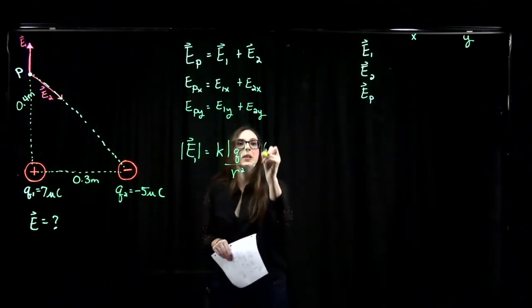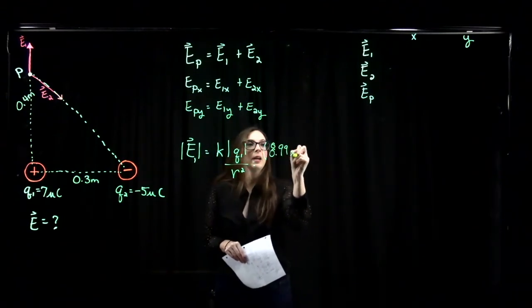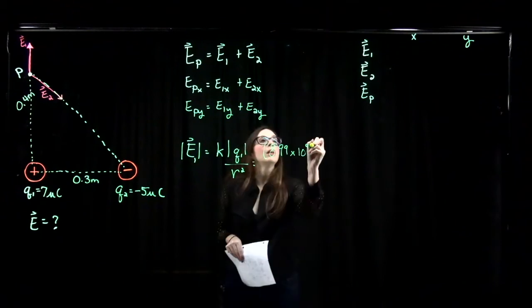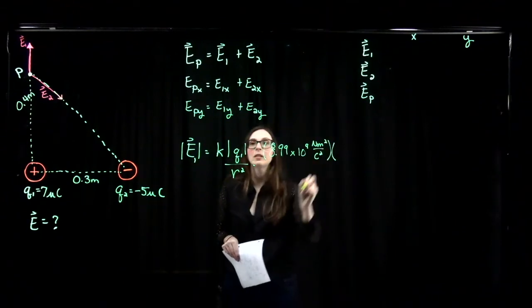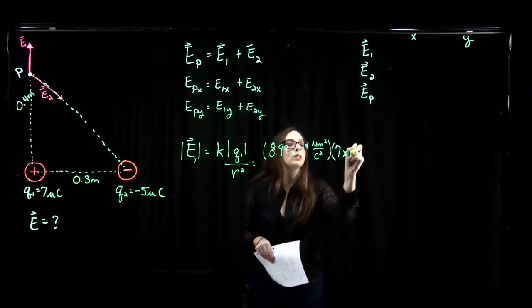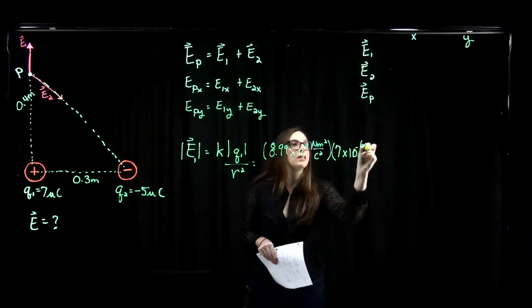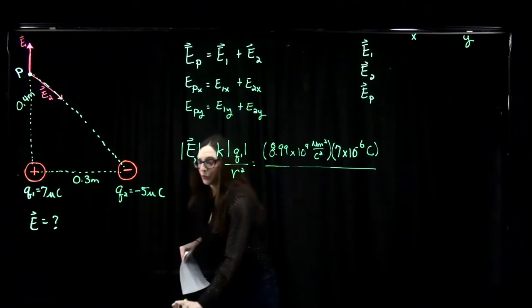So this is going to be my Coulomb constant, 8.99 times 10 to the 9 Newton meters squared over Coulomb squared times Q1 was 7 microcoulombs, which is times 10 to the minus 6 coulombs. And then we'll divide that by R squared.